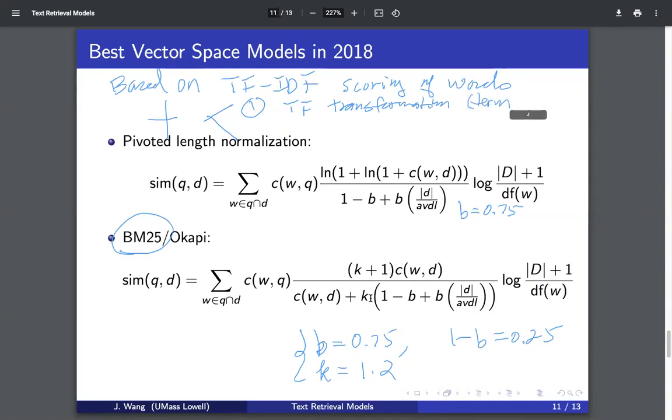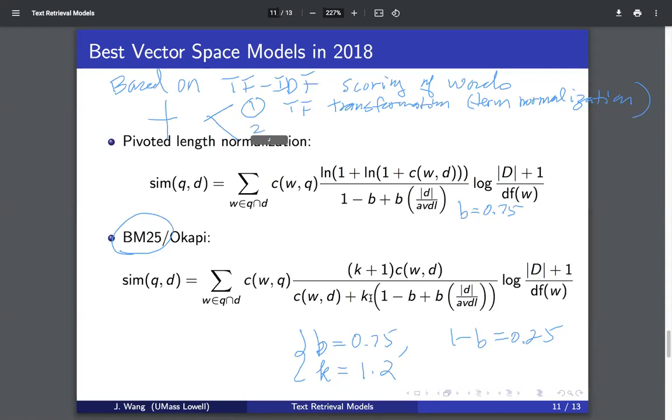So we come up with a better scoring for words instead of treating each occurrence of the same word equally. We use a curve so that we put less weight when you have more occurrences of that same word. So that's TF transformation, or you can think of it as a term normalization.